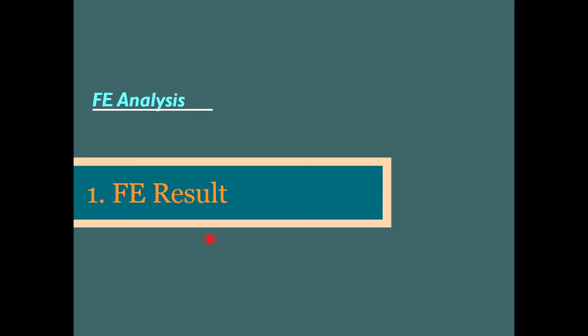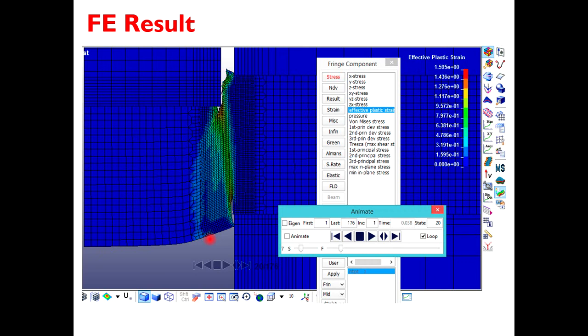What we are going to extract from the results, from this finite element results. What we can do is go to see the effective plastic strain. During the shearing, you can see this is the shearing, so you can see here what happened.